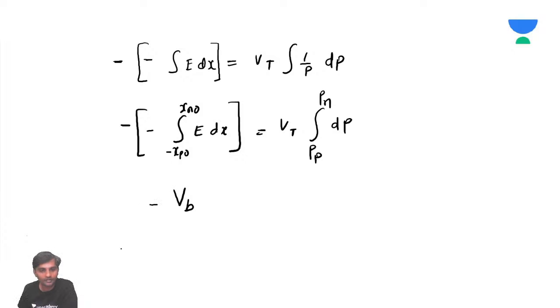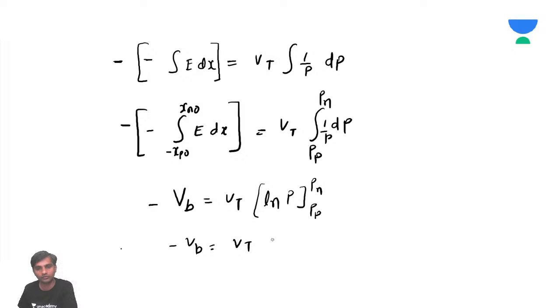So this is going to be minus Vb is equal to Vt into the integral of 1 by p dp. This is nothing but the natural logarithm of p with the limits pp to pn. So minus Vb is equal to Vt into natural logarithm of pn by pp.